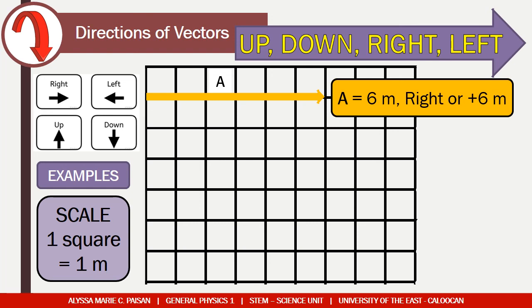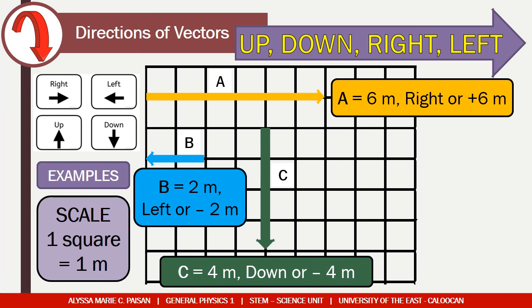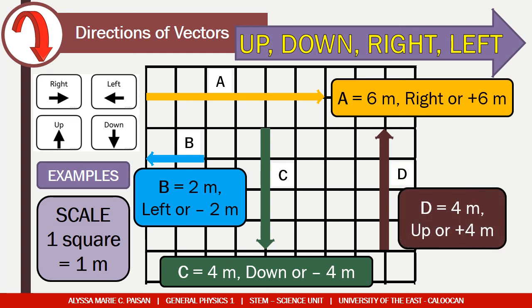So same principle, we just change the name of the direction. And then vector B will be, instead of west, we use left. For vector C, instead of south, we can use down. And then for vector D, instead of north, we can use up.